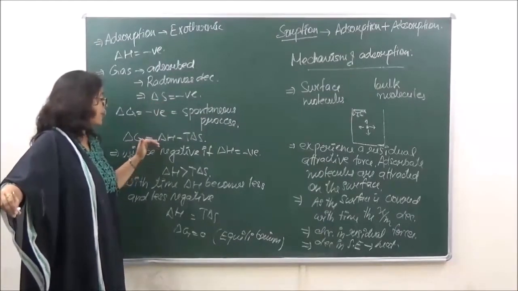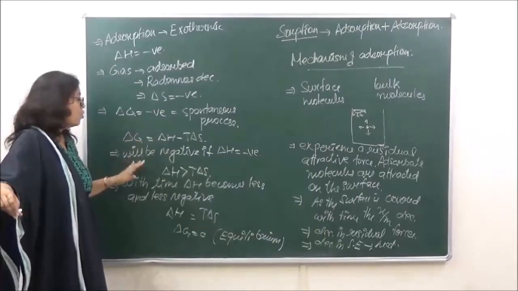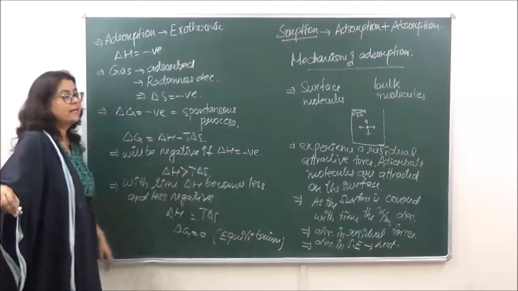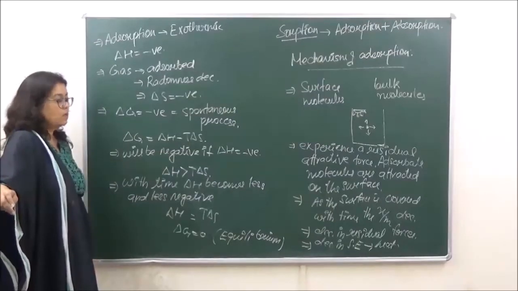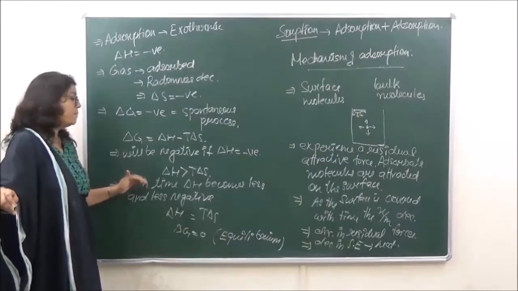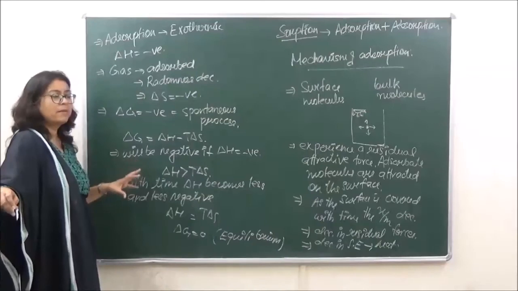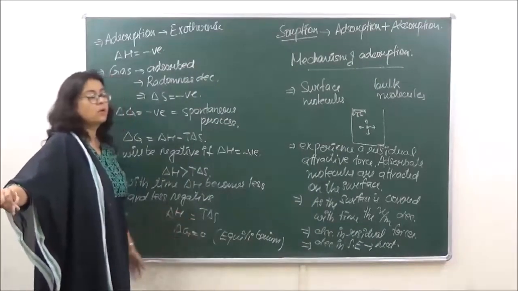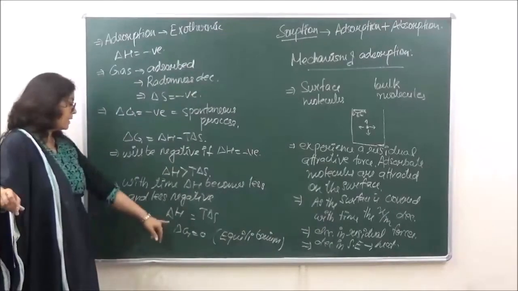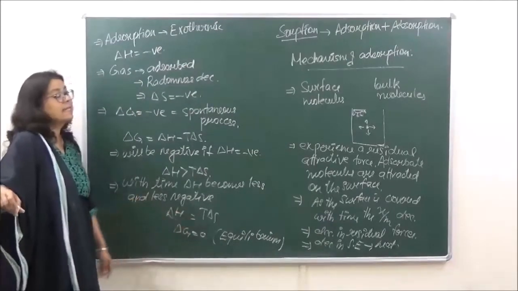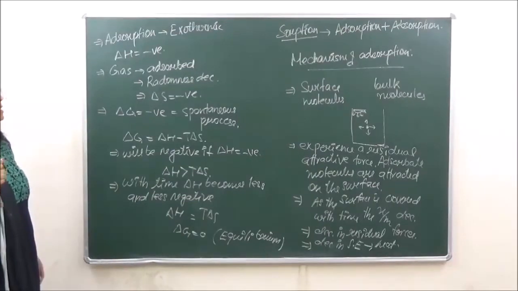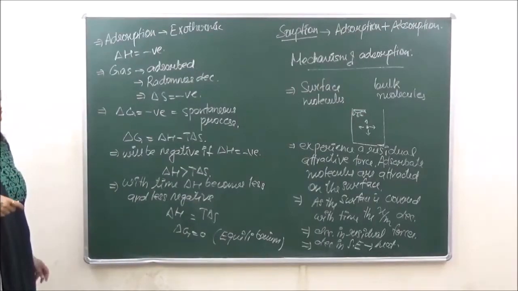So we say that delta G will be negative only if the value of delta H is greater than T delta S. Okay, so with time delta H will keep on becoming less and less negative, and a time comes when delta H becomes equal to T delta S, therefore delta G becomes 0 and a state of equilibrium is attained. So from this section we can get a conceptual question.